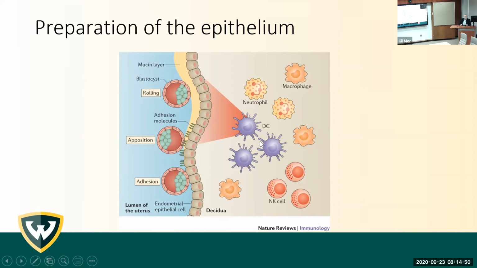Second, the factors coming from the endometrium need to induce the expression of the adhesion molecules. And when that has happened, when we have removed the mucin and the adhesion molecules are expressed, then and only then the blastocyst will attach. And the first part of the implantation process will occur. Only the first part.